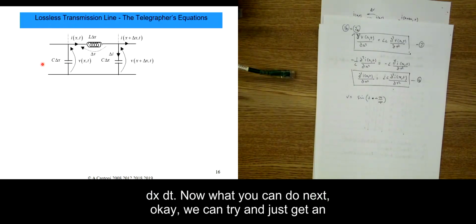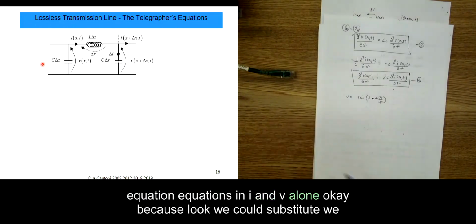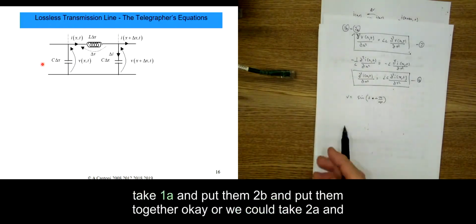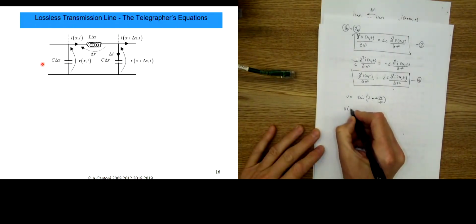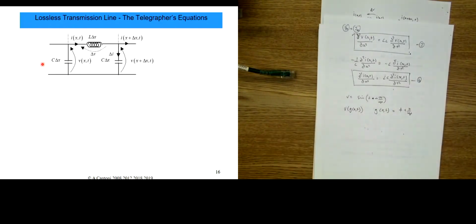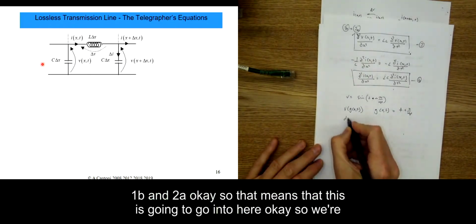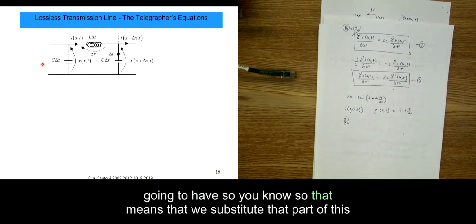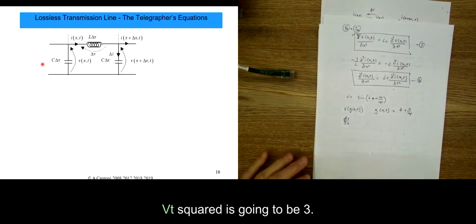Now what you can do next is try to get equations in I and V alone, because we could substitute. We could take 1a and 2b and put them together, or take 2a and 1b. Let's do 1b and 2a. We substitute that part with this, and we get d squared V/dx squared equals minus L times minus C, which is LC d squared V/dt squared.